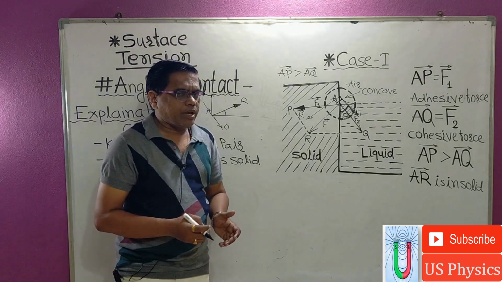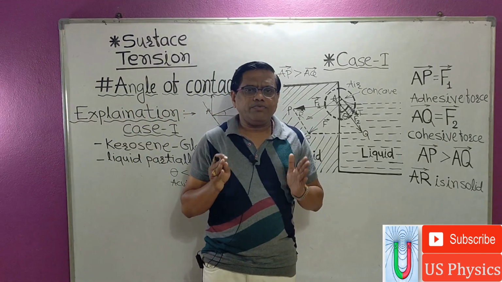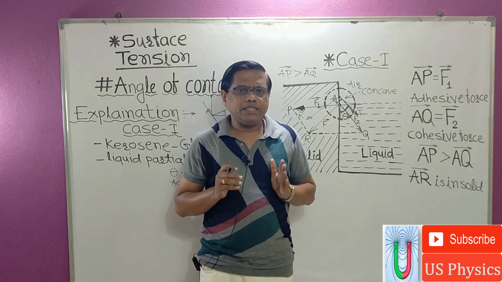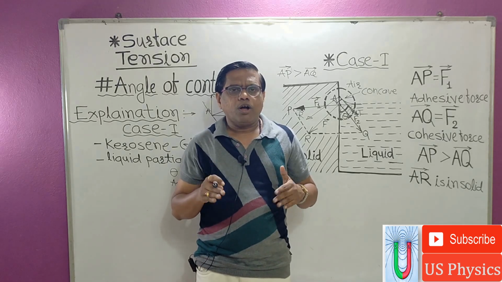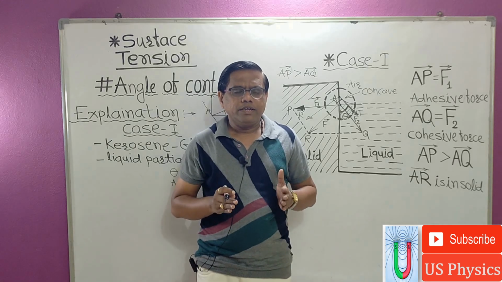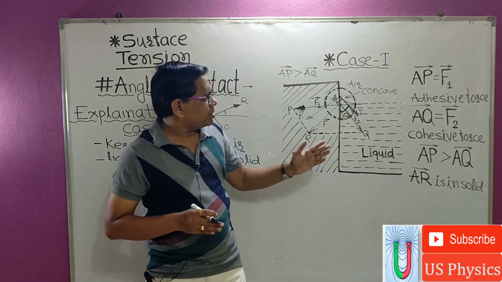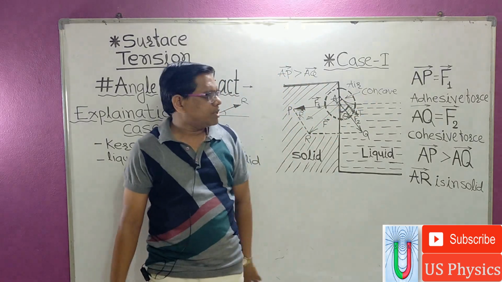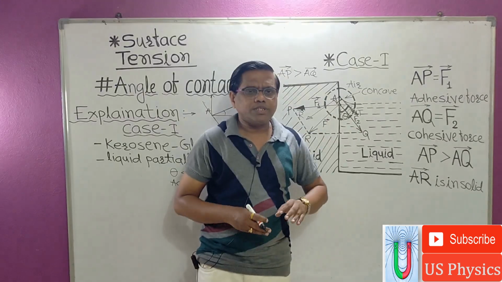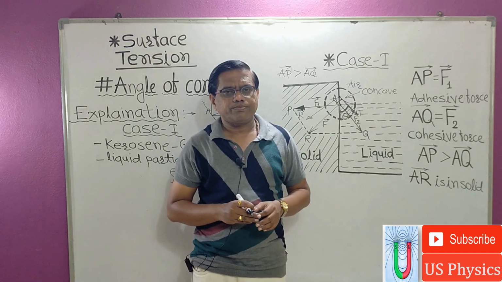So this is how when the liquid partially wets the solid, we can see that the angle of contact is less than 90 degree or it is acute, and the meniscus of the free liquid surface is concave upwards.